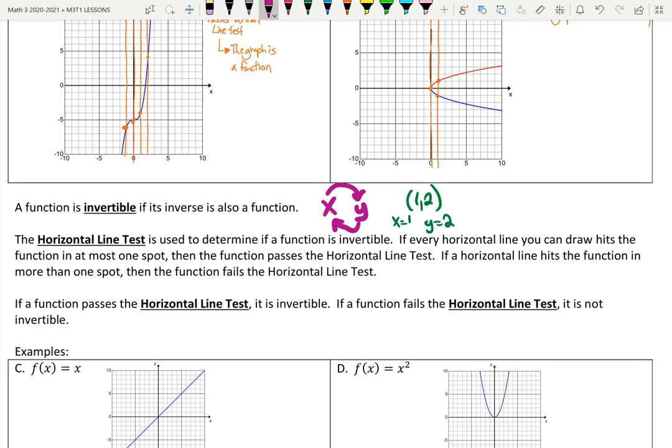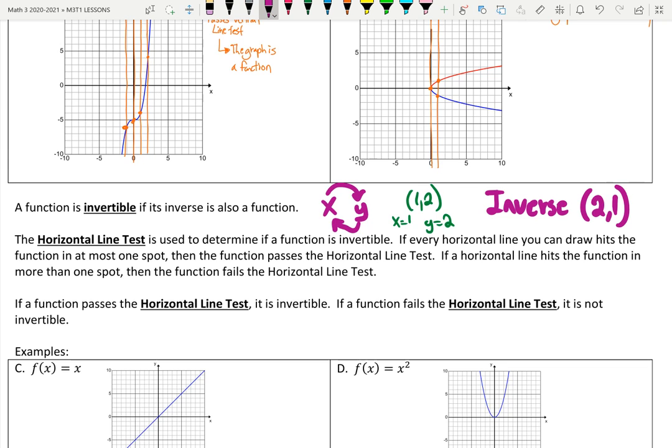The inverse would be the following point. 2, 1. So invertible means that the inverse is also a function. We do not see the inverse. We're looking at the OG.